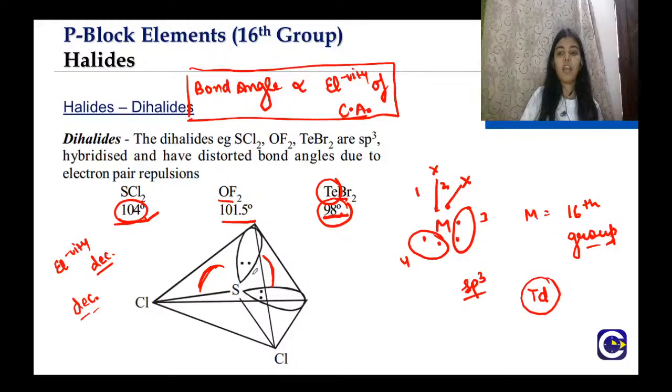Okay. Now I'll write this also, that bond angle is inversely proportional to the electronegativity of the side atom.